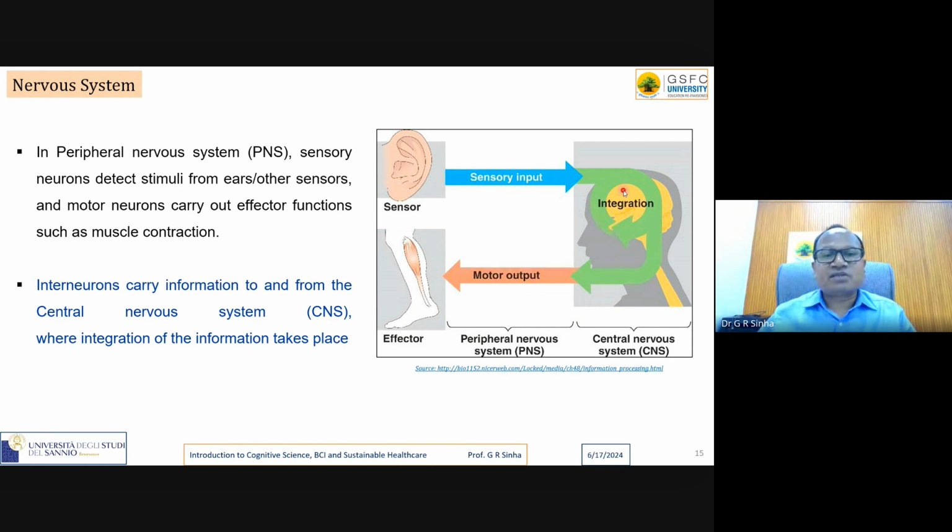In the peripheral nervous system, sensory neurons detect the stimuli. I have already explained what we mean by stimuli. Stimuli can come from ears and other sensors, and motor neurons carry out effector functions such as muscle contraction. Interneurons carry information to and from the central nervous system, where integration of information takes place. I have already explained integration of information. I hope you understand.